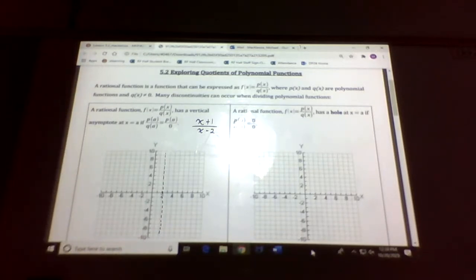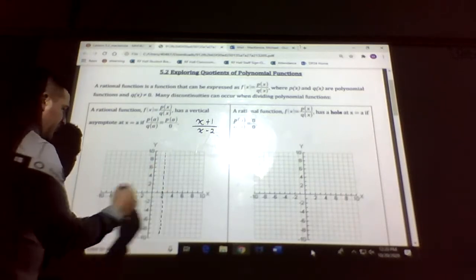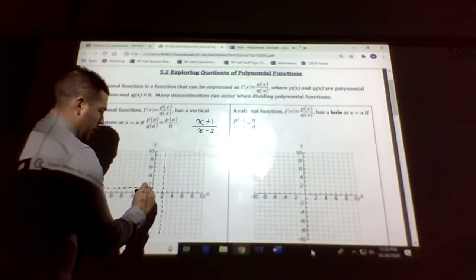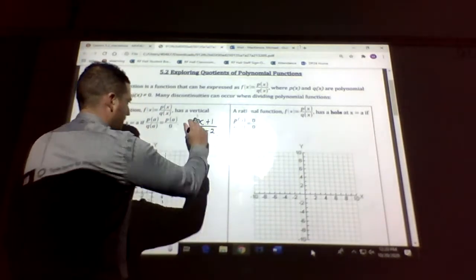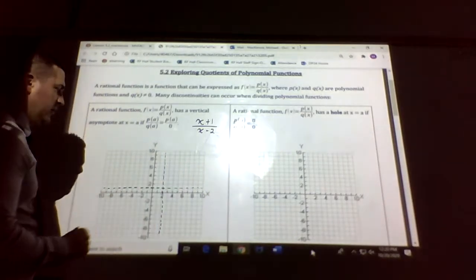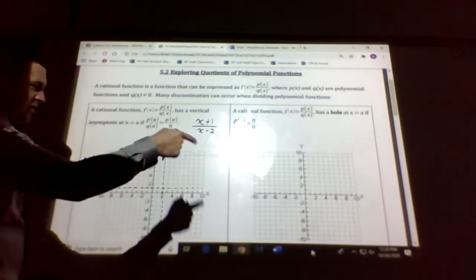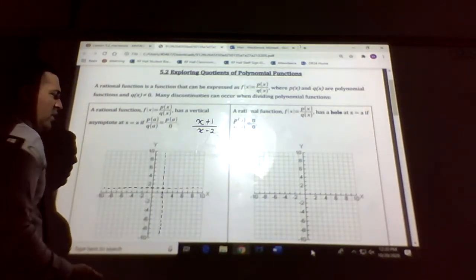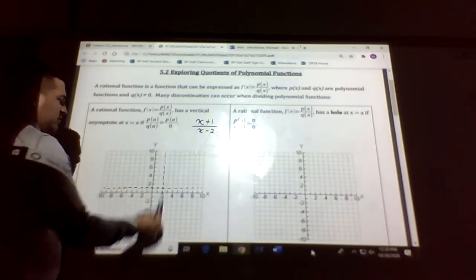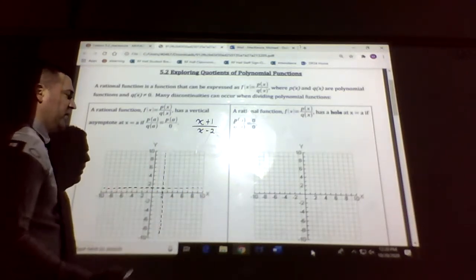I'll get into the horizontal asymptotes in a bit, but it will be here at 1. And it's not because there's a 1 on the top. I'll explain with another example at the bottom. So we'll have a vertical asymptote here and a horizontal asymptote here.